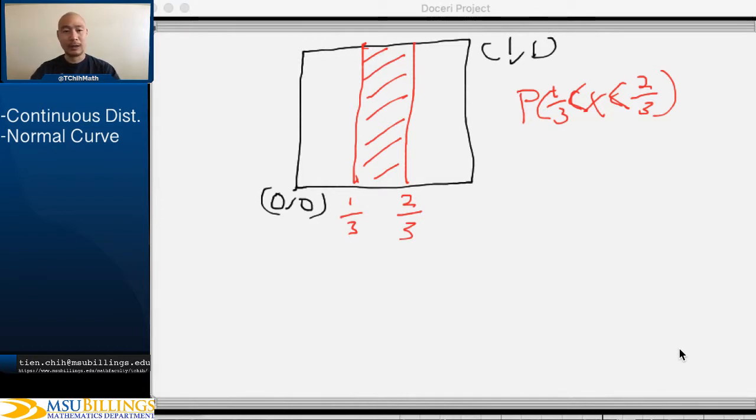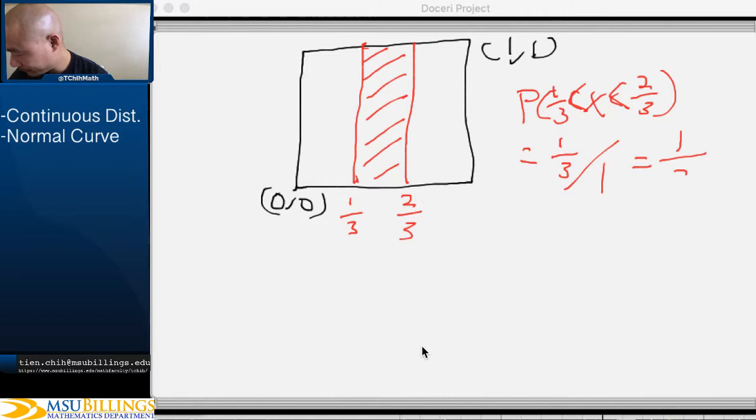One way of thinking about it is, all right, the square has area 1. The region associated with the event here has area 1/3. And so the probability then is that 1/3 region out of 1, which is just 1/3. All right.